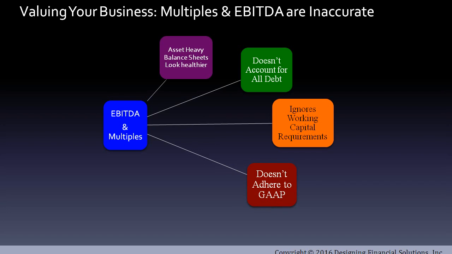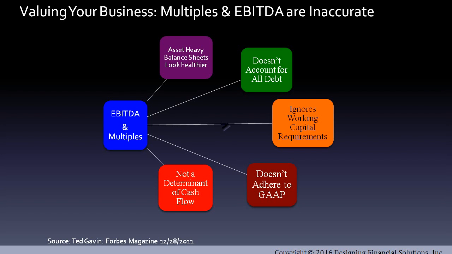It doesn't adhere to generally accepted accounting principles either, because there's some distortion and different ways of computing and calculating the figure that can give people a chance to do things differently. And really, none of them are a determinant of cash flow, and cash flow is really the key to the success of any business, as you all know. So we will be looking at this further as we get into some of these comparisons as well.